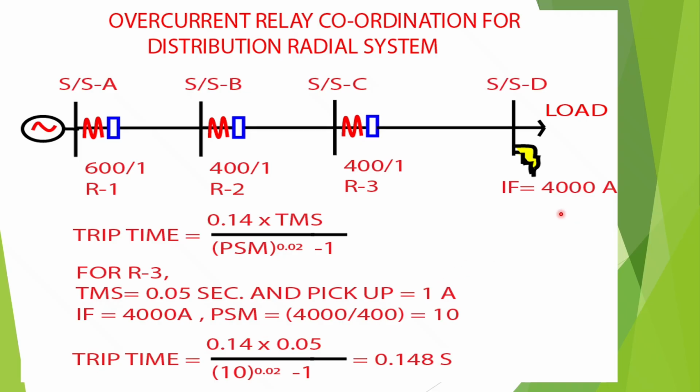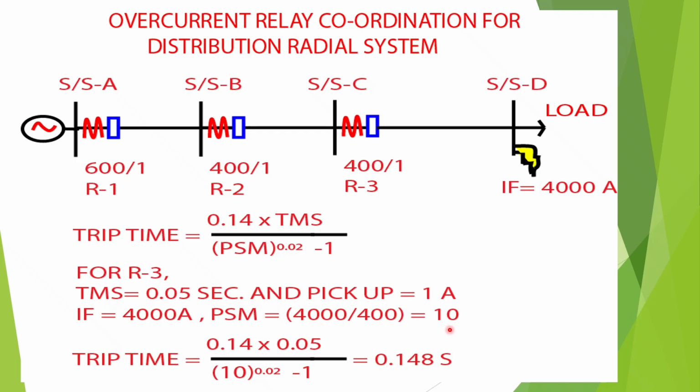Since the fault current is 4000 ampere, this fault current will be sensed by relay R3. So IF is equal to 4000 ampere. PSM is the ratio of the fault current to the relay pickup current, which is 4000 divided by 400.